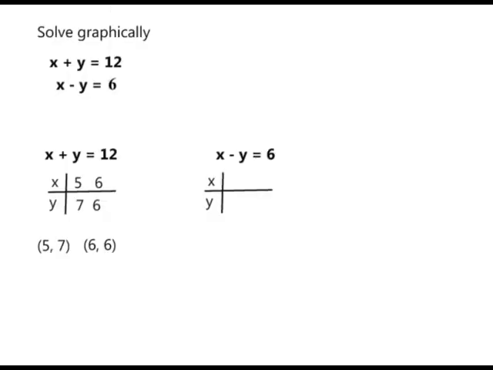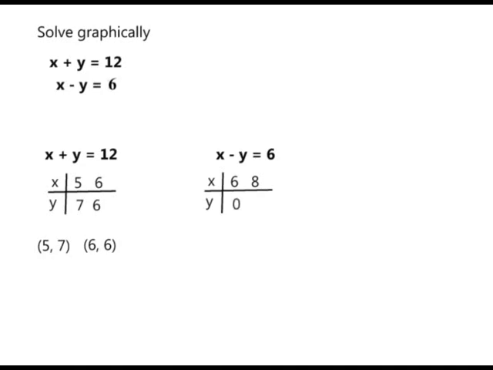We move to the next one, x minus y is equal to 6. I'm going to choose two random values of x and then calculate the corresponding values of y. I'm going to choose 6 and 8. So when x is 6, y will be 0.